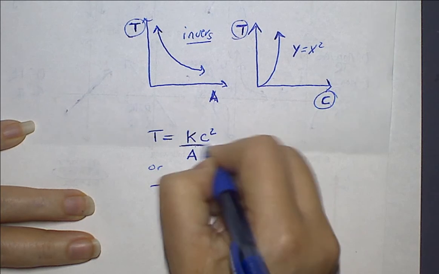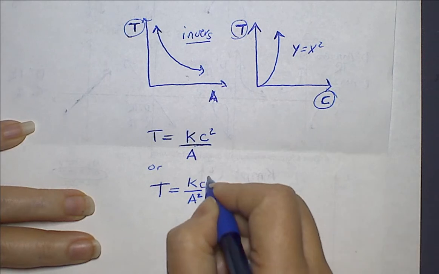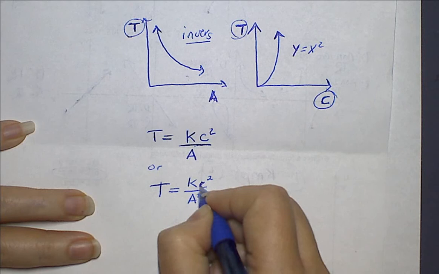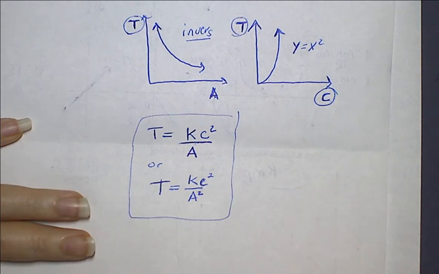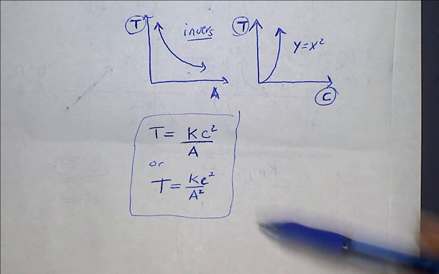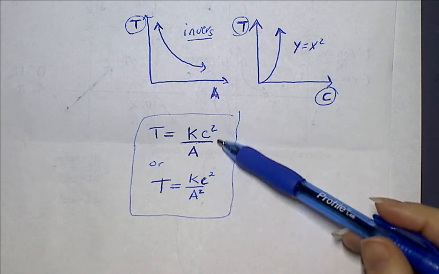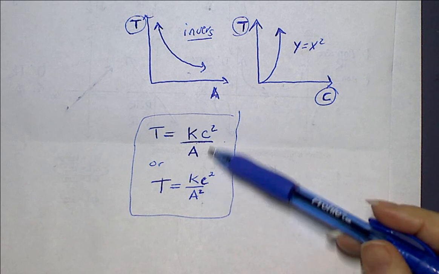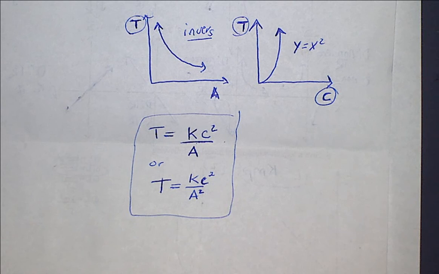But remember, it could be this one, so I'm going to add C squared to this one too. So it's one or the other. When it's multiple choice, you're not going to have to choose between this or that. You just have to make sure you know it could be either one, and then you would look for your final answer. Alright, well, that's page 2, so now we can go to page 3 in a little while.